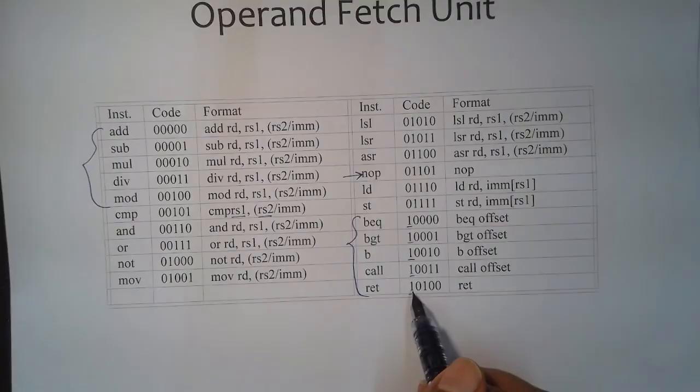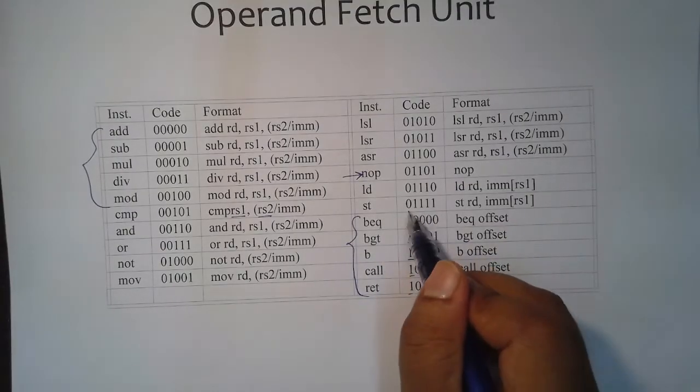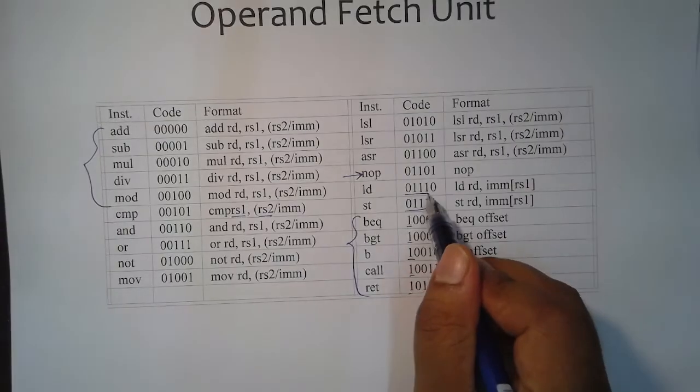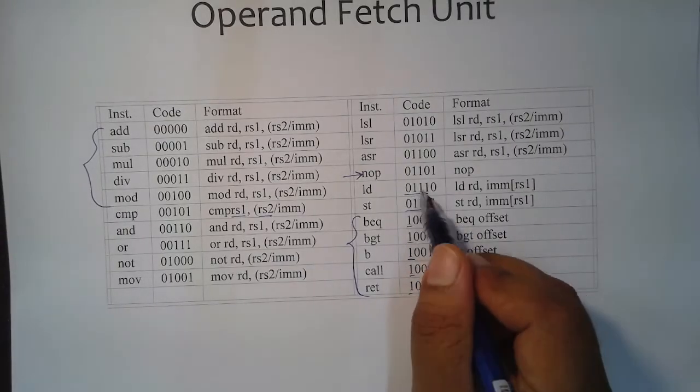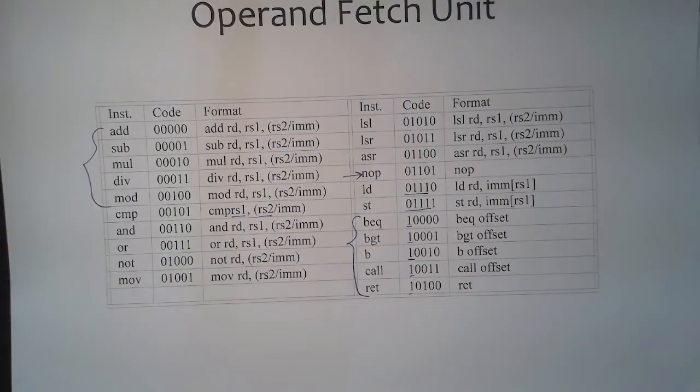And then there are other instructions like load and store. You see that load and store also have a common pattern. So, you can detect this common pattern, and you know that this is an instruction which deals with memory and so on.